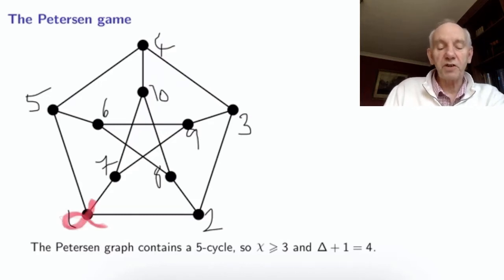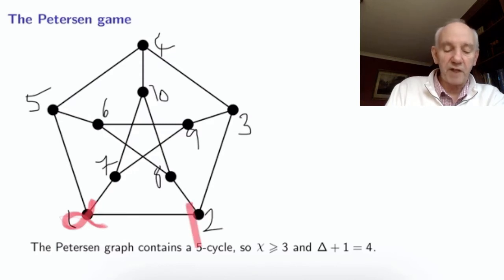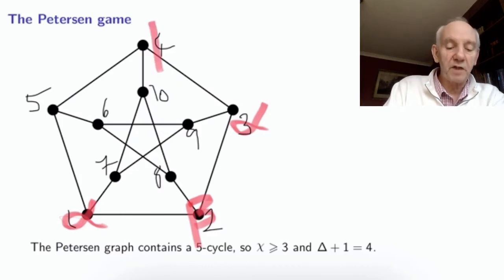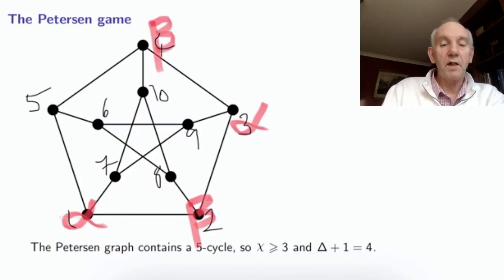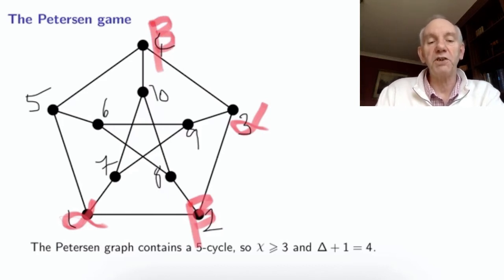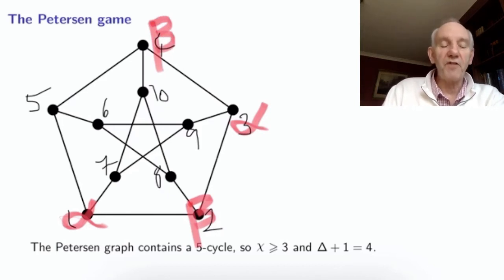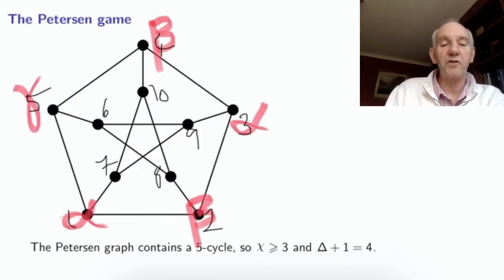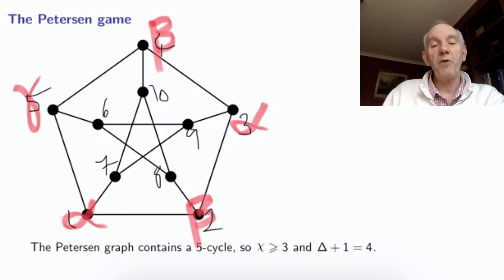And then vertex 2 has to be beta, vertex 3 has to be alpha because it's not connected to our first alpha, vertex 4 has to be beta, the lowest colour that we can colour it so as not to get the same colour on adjacent edges. And then 5, of course, because we're just going around the pentagon and it's an odd cycle, has to be the third colour gamma. And then we go to 6.